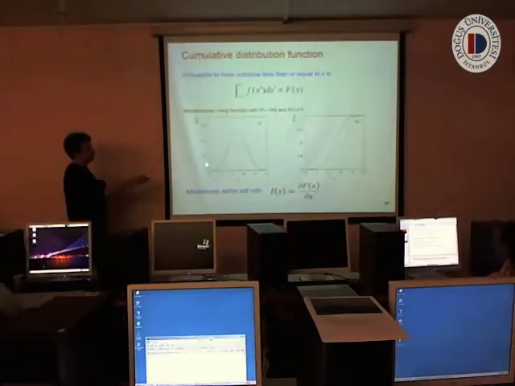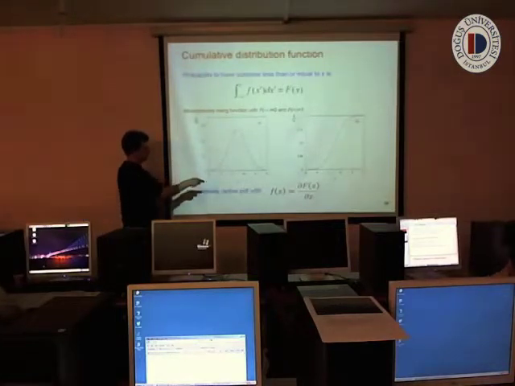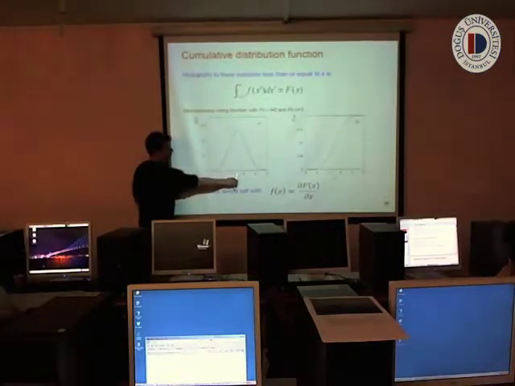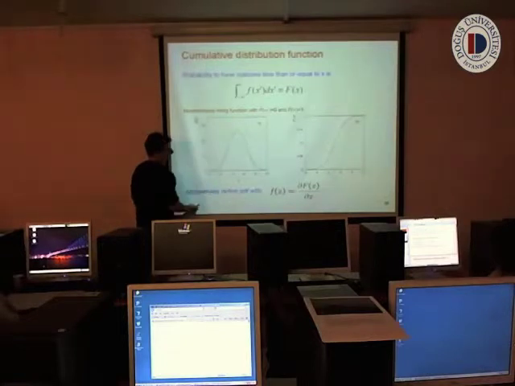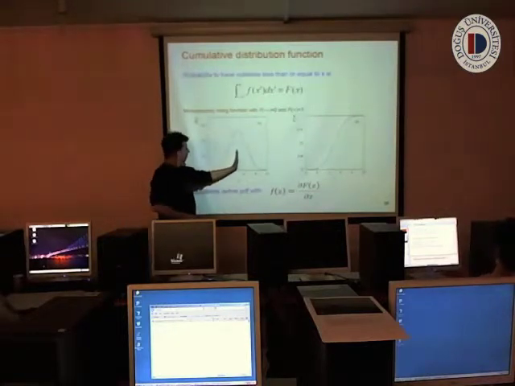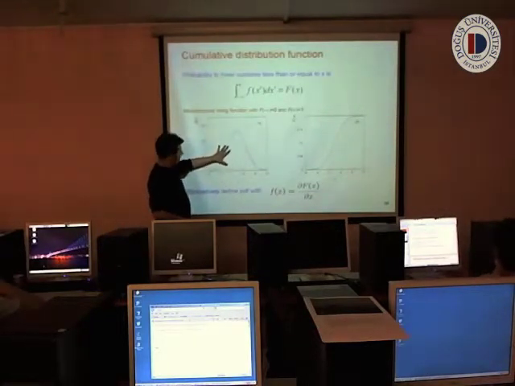I told you the PDF is a density. Here values are more likely, here they are less likely. If you integrate from here to here, you get a number for the likelihood for events to be in this range. And if you integrate up to here, you get the likelihood that they are in this range.